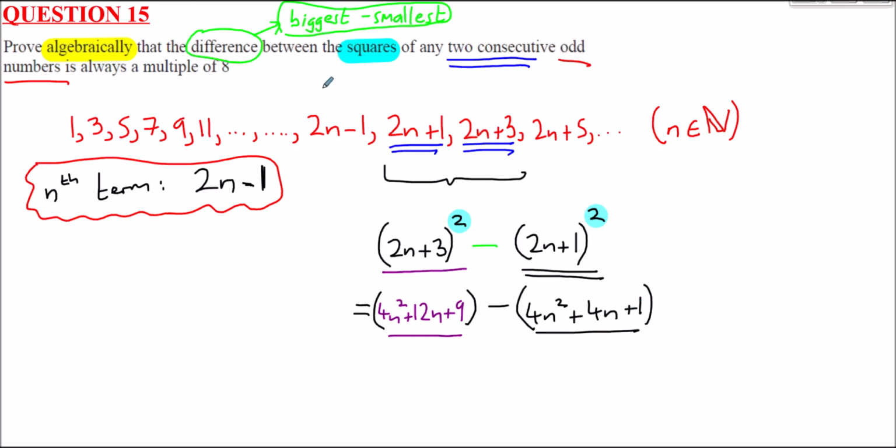So now we can simplify this. What this gives us here is 4n squared minus 4n squared. That'll cancel perfectly. 12n minus 4n will leave us with 8n.